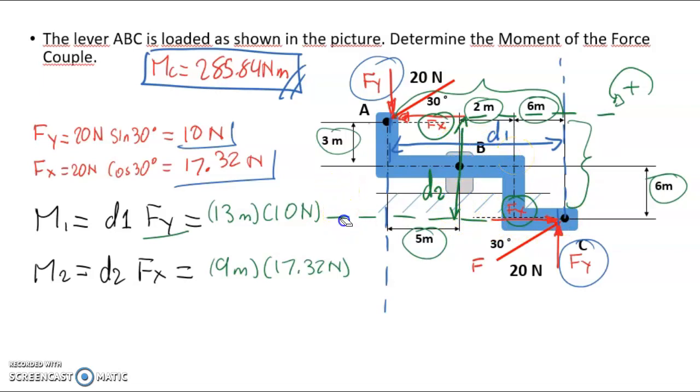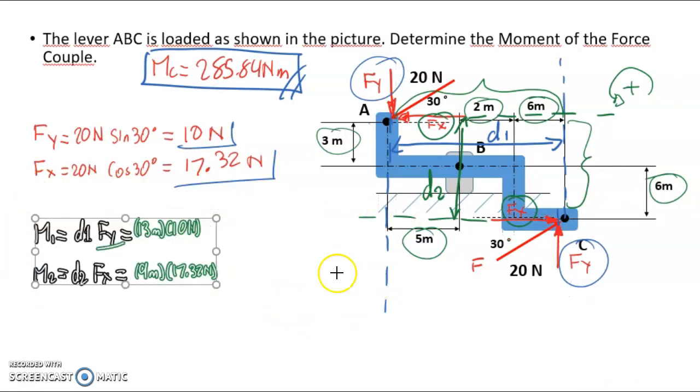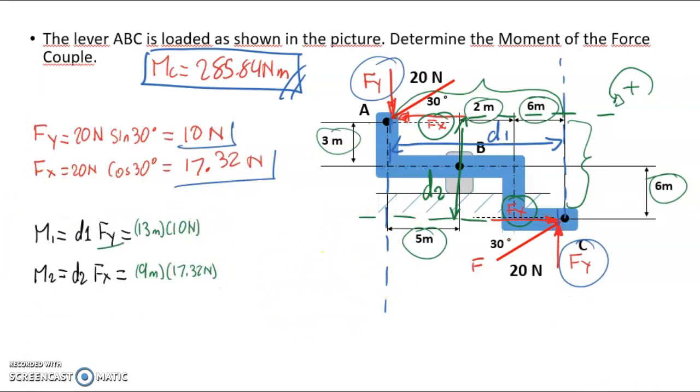So from there, we just calculate the magnitudes of the moments and add them together to get the magnitude of the total moment. For the moment 1, we will have 13 times 10, 130 newton meters.